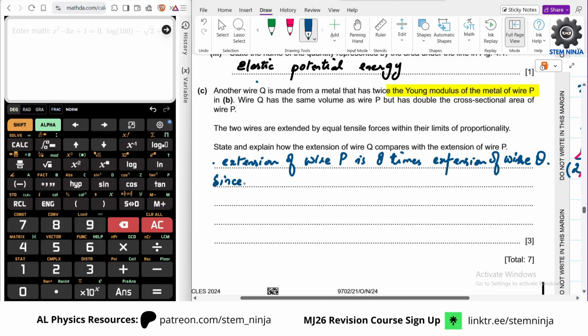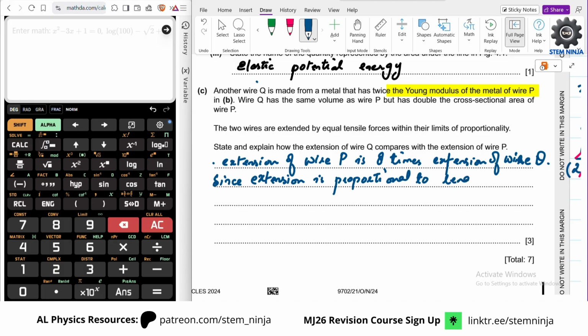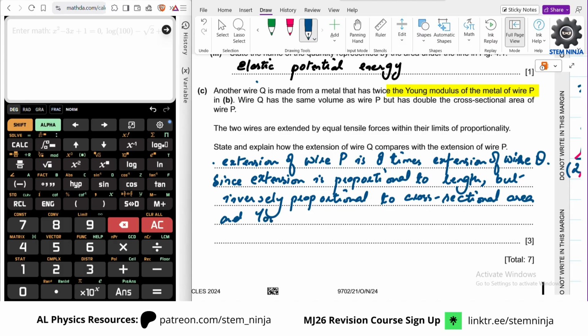Since extension is proportional to length but inversely proportional to cross-sectional area and Young modulus.